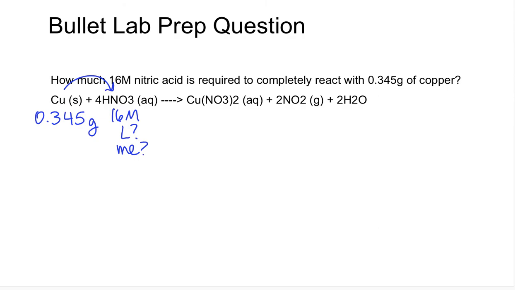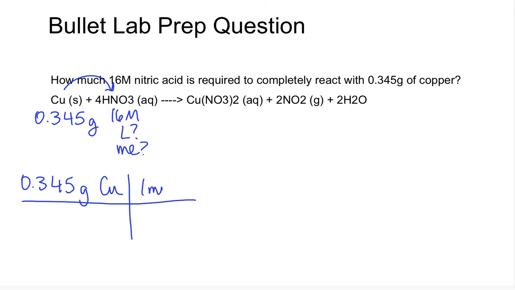All right, so moles of known, what's our known? Copper. So we're going to start with 0.345 grams of copper. Okay, and you guys need to be writing this down, because when this pre-lab question comes up and you say, how do we do it, I'm going to say, look at your notes. How do I convert this to moles?